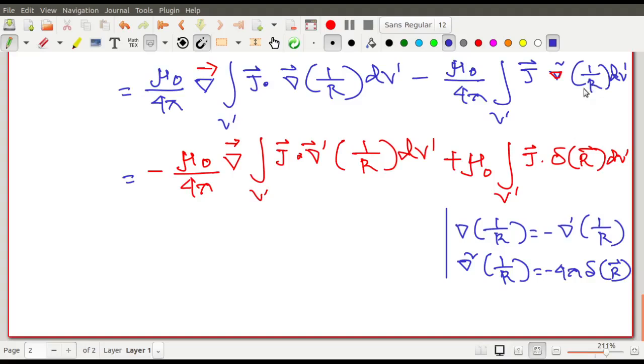So once I replace this del square of 1 by r with minus 4 pi delta r, this 4 pi gets cancelled, and due to the negative sign this one becomes positive, which is reflected over here. And this gradient of 1 by r is negative of grad dashed, so this gradient is replaced with grad dashed and therefore there is a negative sign. So everything has been explained once again.